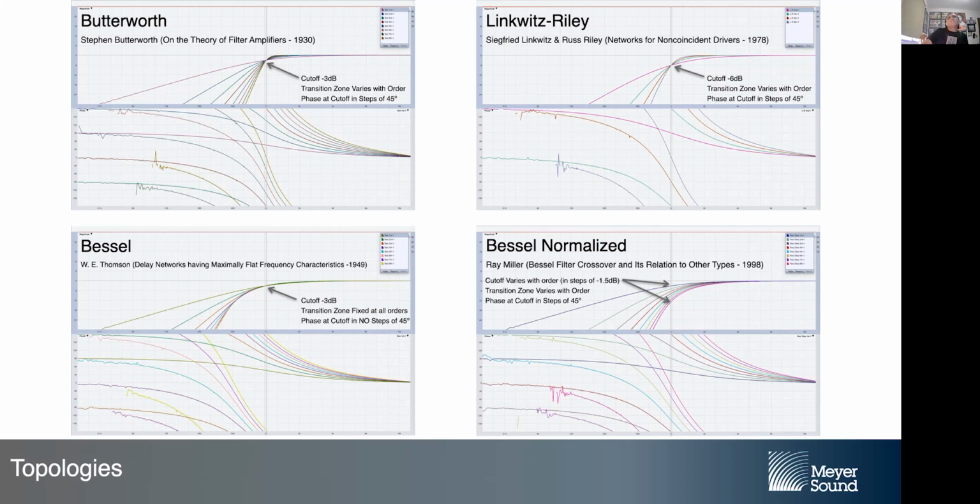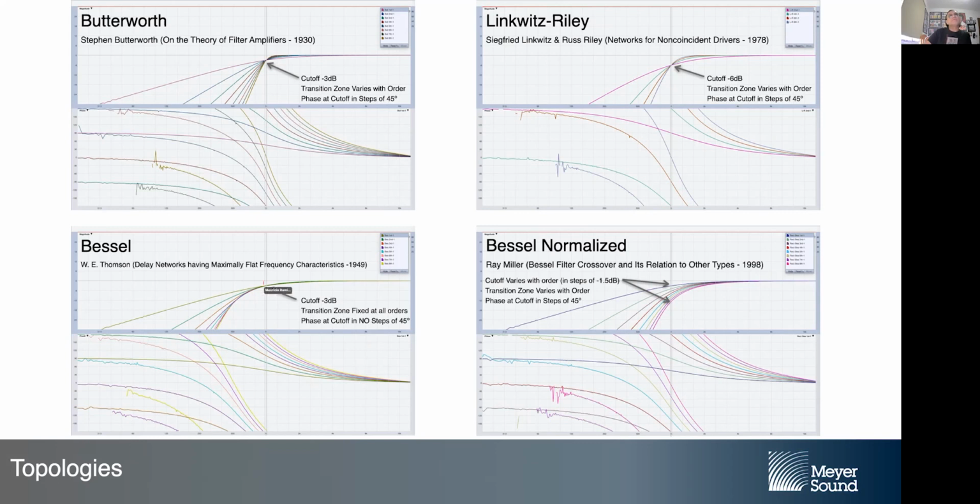What is important here is to understand that the differences between every one of these topologies basically lie in what happens at the cutoff frequency. Butterworth shows 3 decibels down at the cutoff frequency. But it's interesting that Bessel always shows 3 decibels of attenuation at the cutoff frequency.